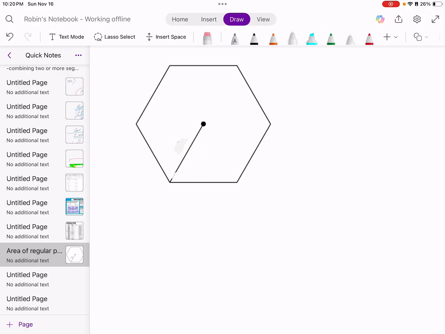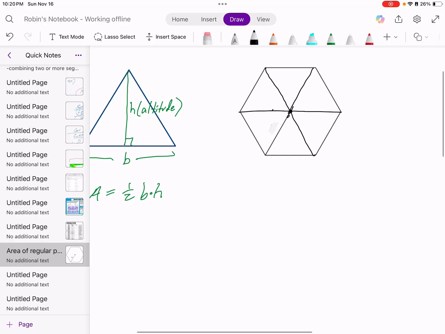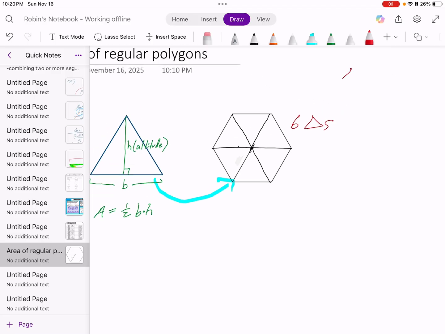If I were to cut this into 6 congruent triangles, I just want to take this general knowledge and apply it to this. So in this particular case, I have 6 triangles. If I have a pentagon, I would have 5 triangles. If I have an octagon, I have 8 triangles.